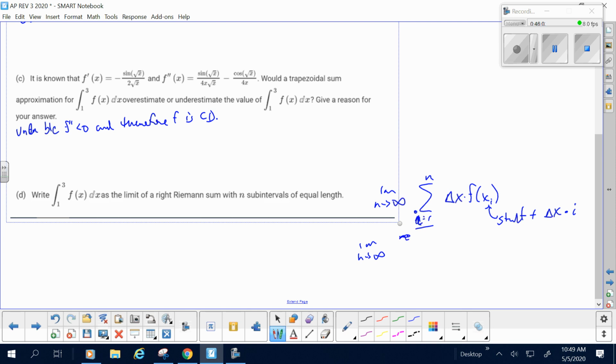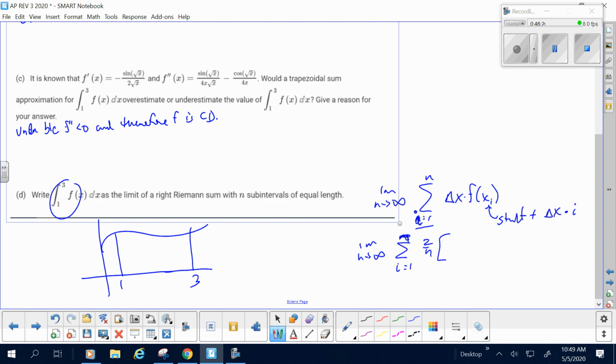Delta x, in this case, was the total region from 1 to 3 divided into n chunks, so that's 2 over n.